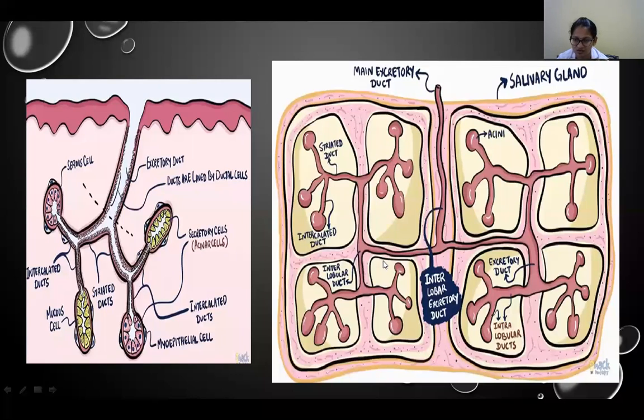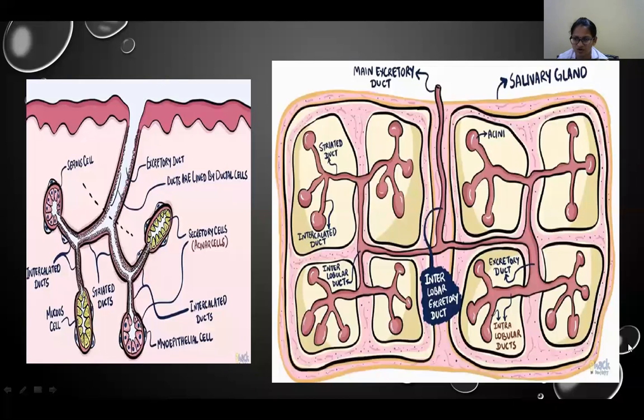In between the two lobes here, these two interlobular ducts fuse together and form an interlobar excretory duct. This interlobar excretory duct fuses together and forms the main excretory tract. This is the main excretory tract where the secreted products are expelled onto the surface.